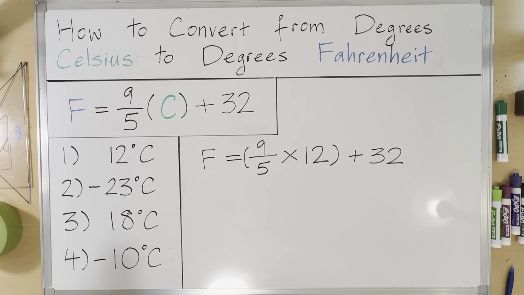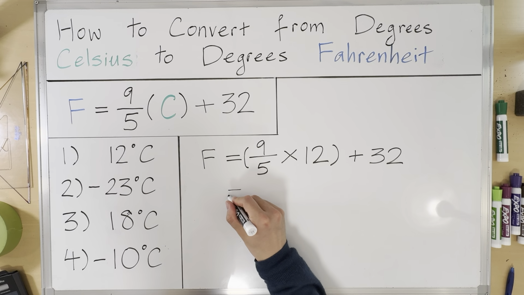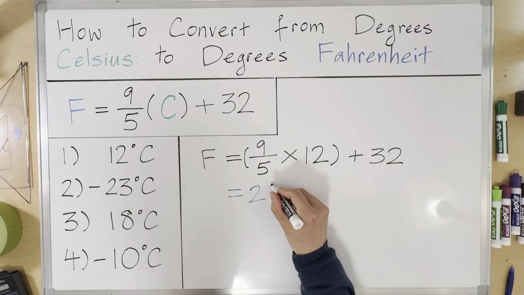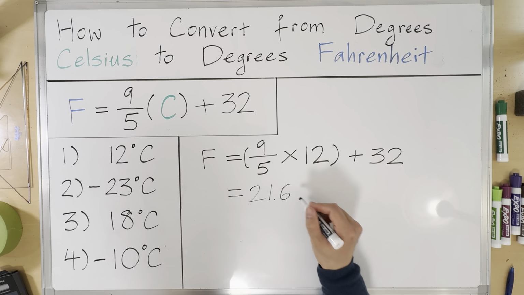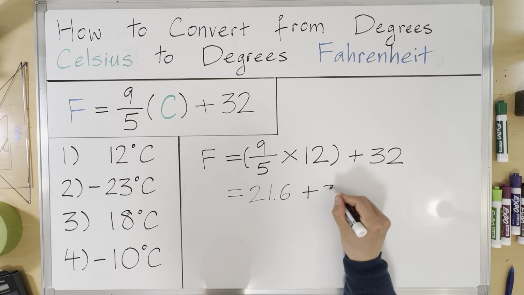And putting it into a calculator, 9/5 times 12, that gives us 21.6. And we will add 32 to it.